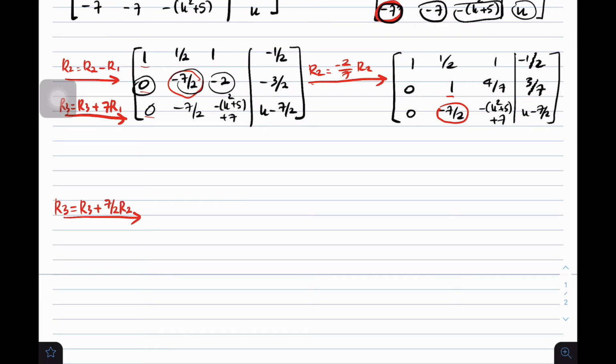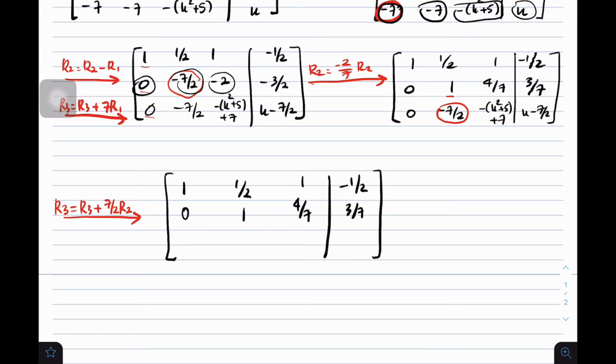Okay, so now the row that we change is row number 3. So row number 1 and row number 2 remain the same. 1, 0, half, 1, 1, 4 over 7, negative 1 over 2, and 3 over 7 here. So this one is the same.